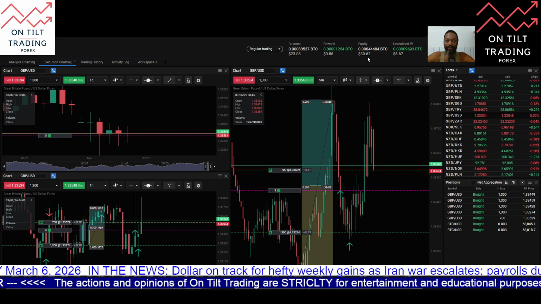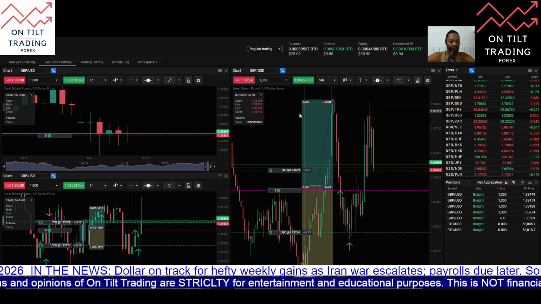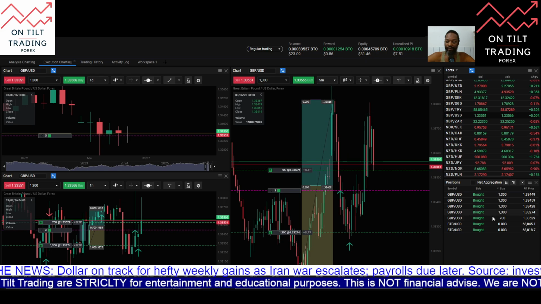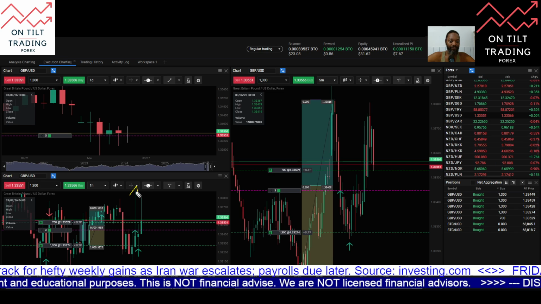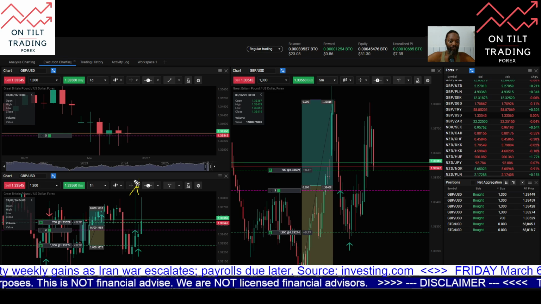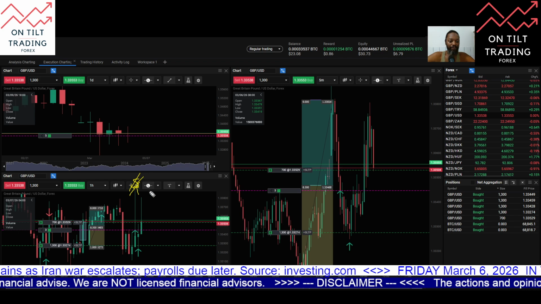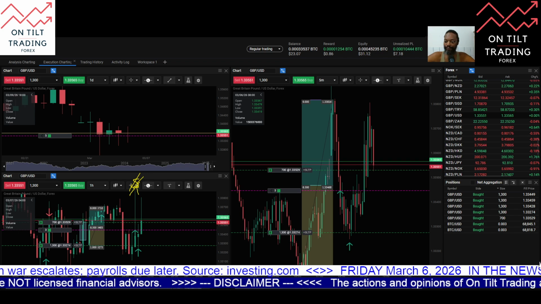Let's see if price can deliver here to this 1 hour swing high here. Well, there's going to be some buy side liquidity resting there.